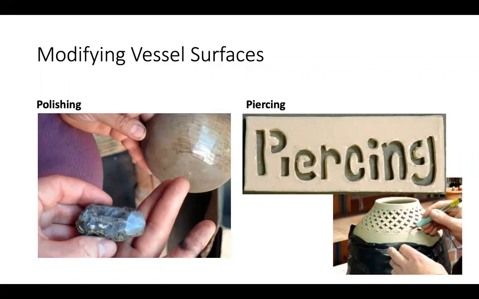All right, we finished up decorating with liquids and we're moving on to modifying the surface texture of a vessel. First up, polishing. On the left is a potter showing you a polished and burnished pot. The potter hasn't finished the whole surface, but part of it is very shiny.